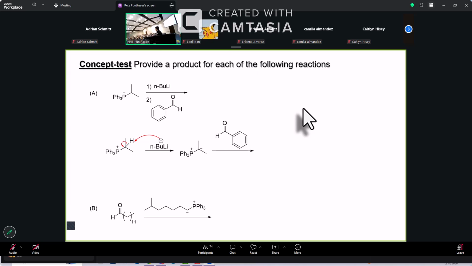Draw a line between two carbons. Draw the line between oxygen and phosphorus. That's it. And then retro 2 plus 2.